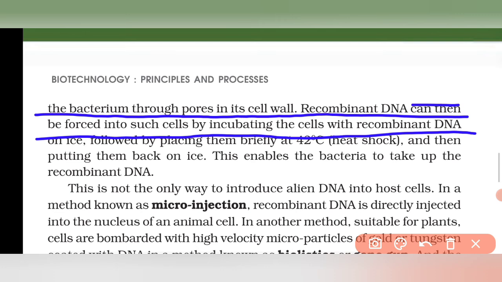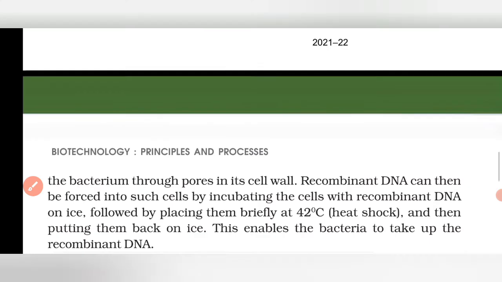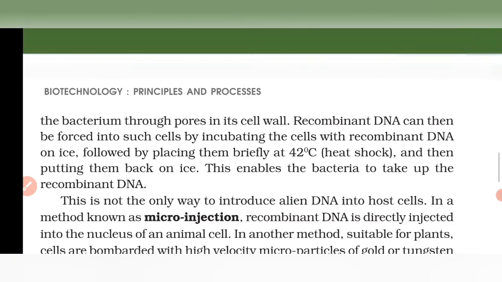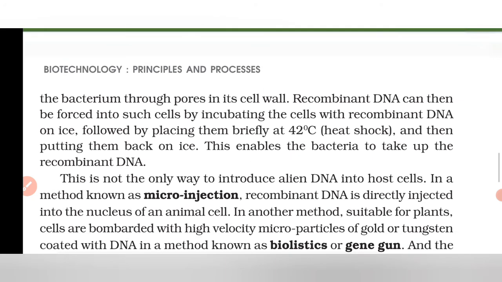Now after treating with a specific concentration of divalent cation and increasing the efficiency of the uptake of DNA through the transient pores present in the cell wall, the DNA is forced further into such cells by incubating the cells with the recombinant DNA on ice, followed by placing them briefly at 42 degrees Celsius.